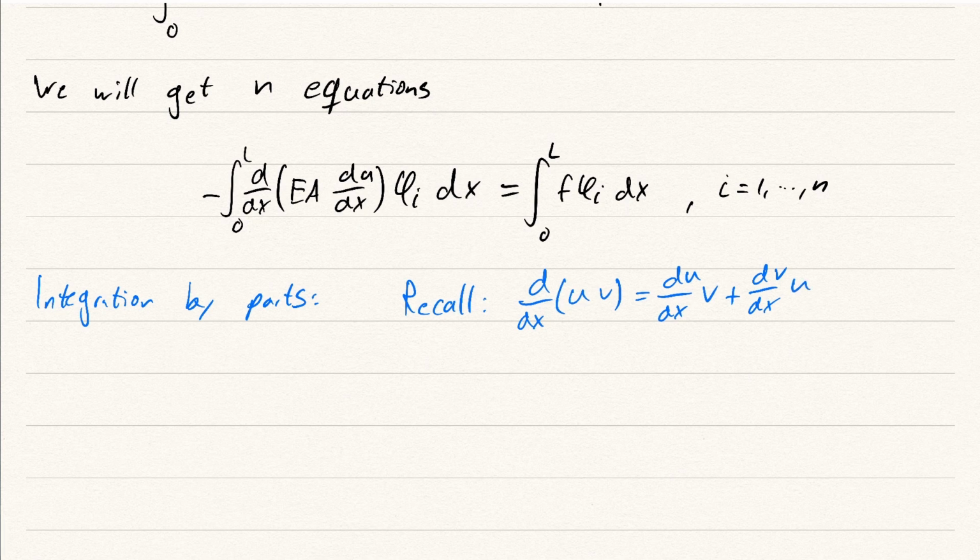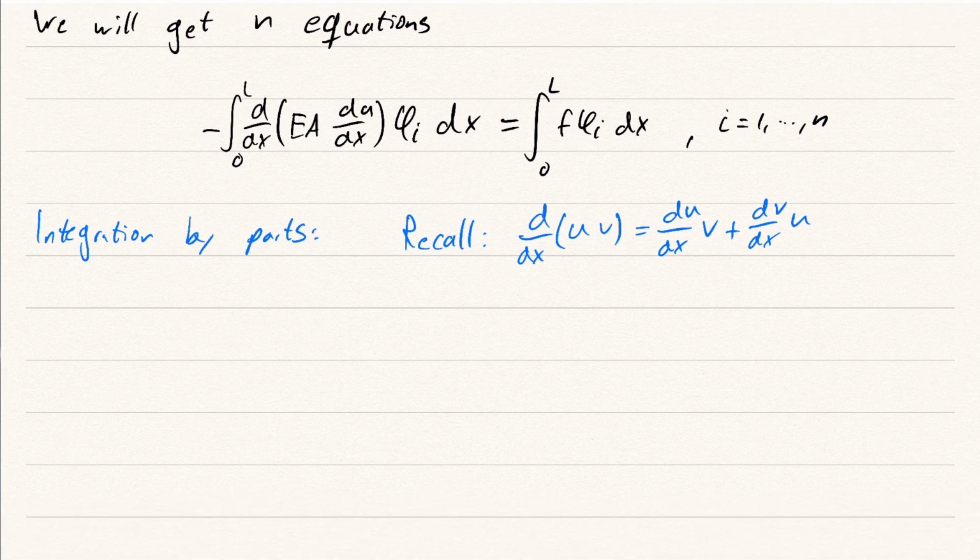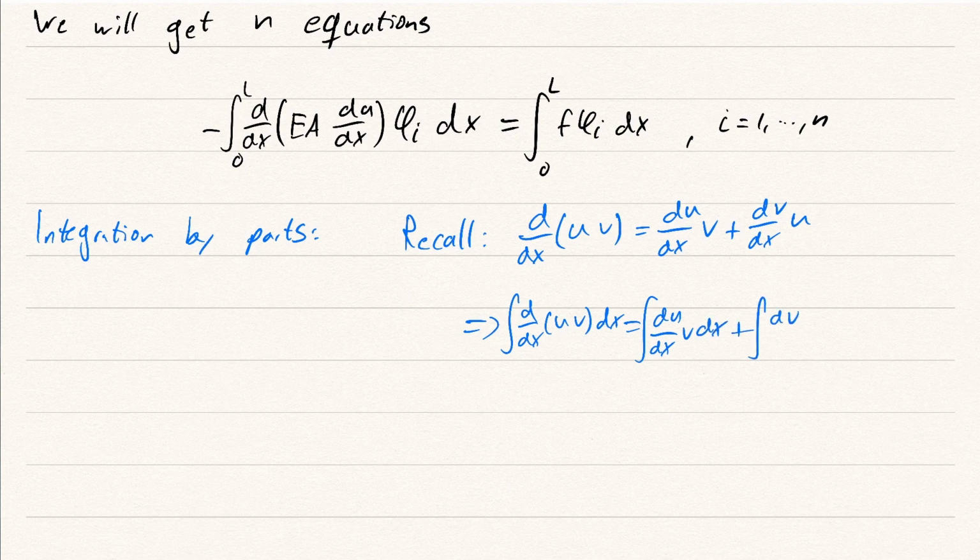Now what you do with this is you take this concept and you just attach integrals in front of all of these terms. So you have the integral of d dx of uv dx, and this is equal to the integral of du dx times v dx plus the integral of dv dx times u dx.